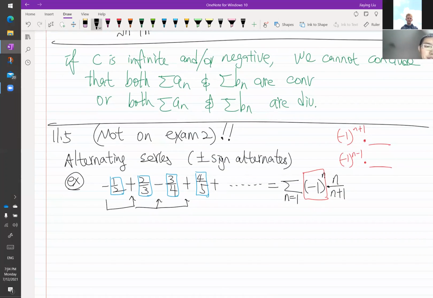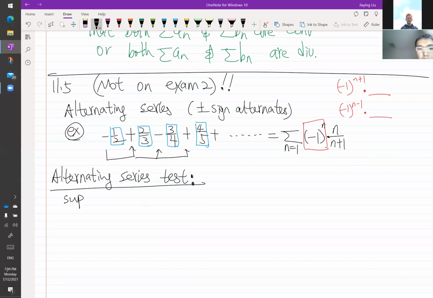For alternating series, there's something called the alternating series test. It's a test that's only useful when you have an alternating series.